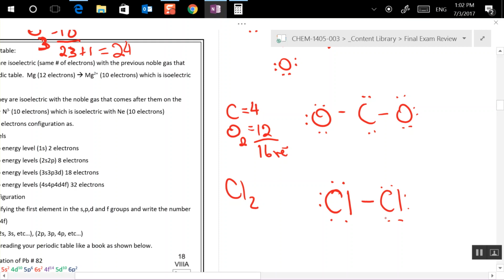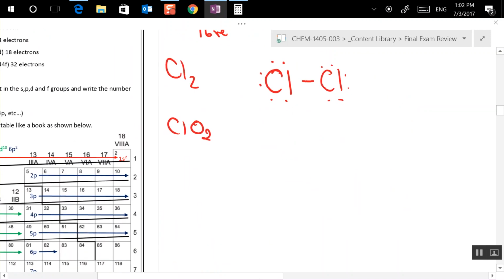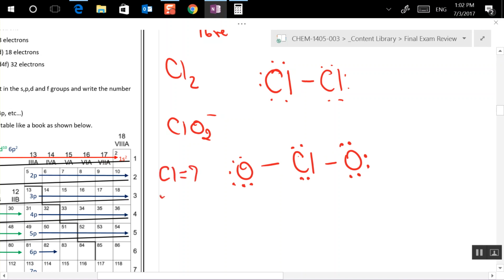Okay, now take a Cl and then add 2 oxygens. ClO2, like that? Okay, is there a charge? Yes, negative, right? So now we're going to take chlorine, surrounded by 2 oxygens. Chlorine has 7 valence electrons.